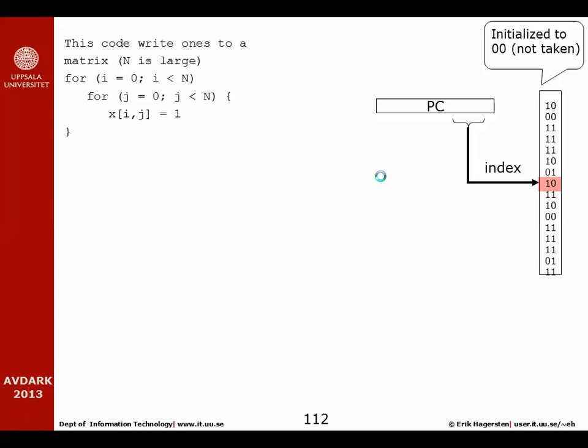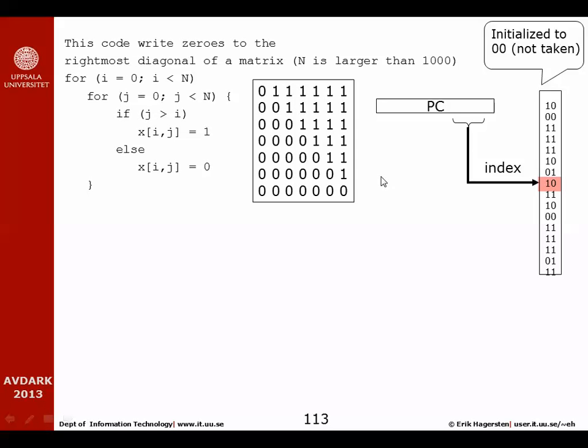Okay, I'm going to look at a slightly more complex piece of code here. It's code that writes ones to the values to the right of the diagonal of a matrix. So it's looping over i, looping over j, and then we have an if statement figuring out whether we're going to write a 1 or a 0.